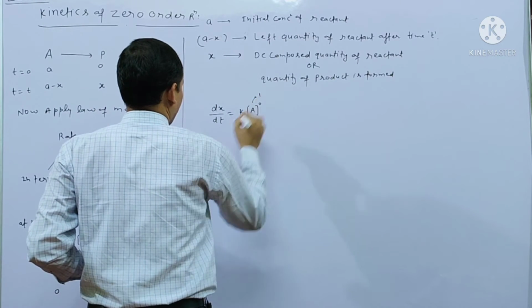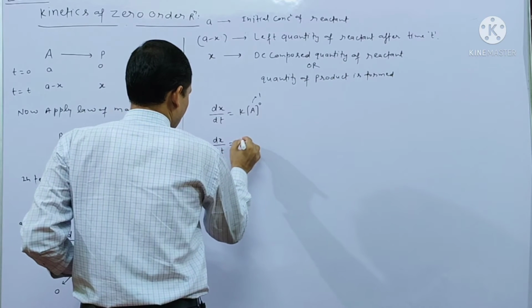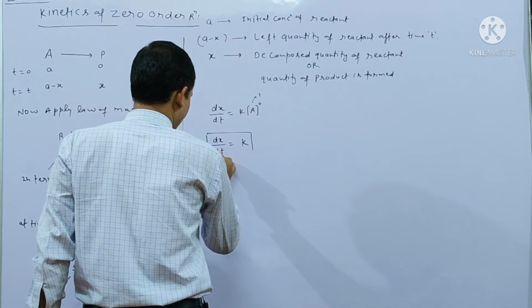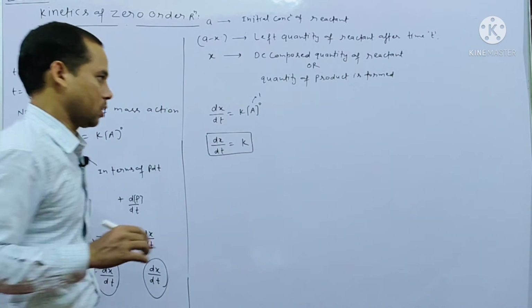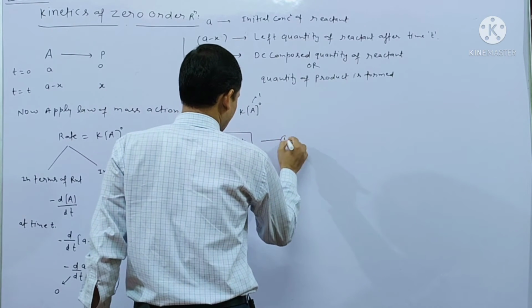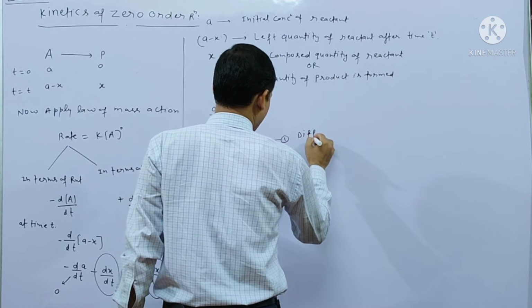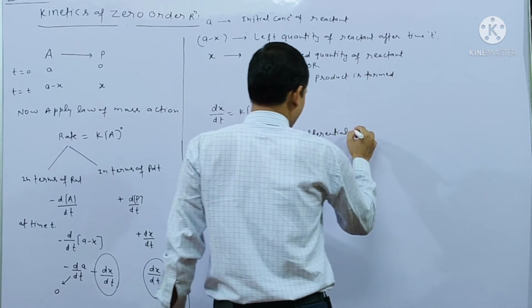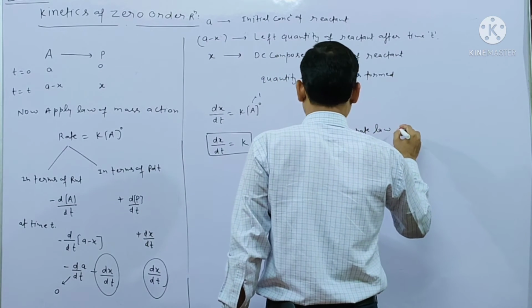So dx over dt equals k. This is equation number one, the differential rate law expression.